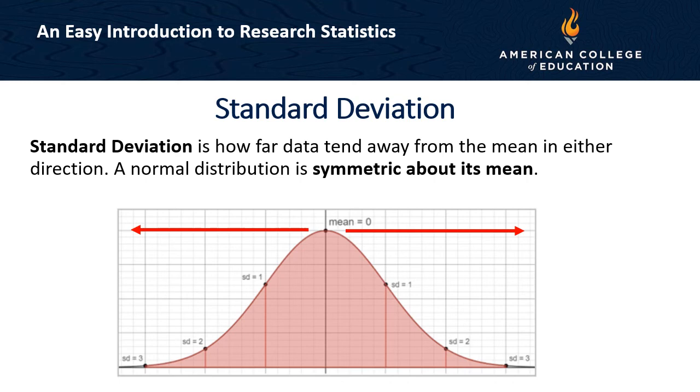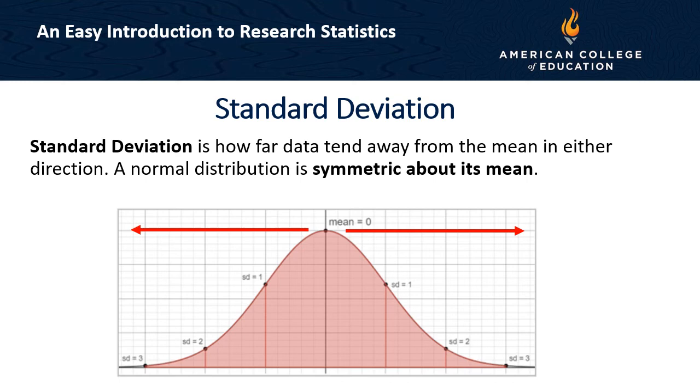Then we move further to the left, and two standard deviations. We have about the same number of data points which are 2 standard deviations away from the mean as we do that are 2 standard deviations positive from the mean, and so on and so forth.